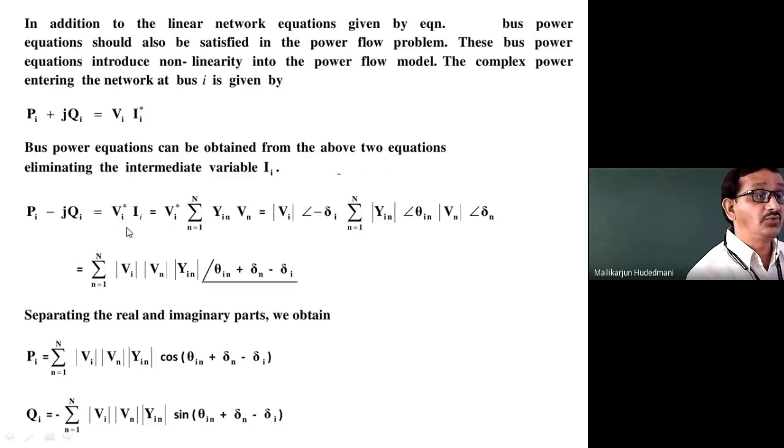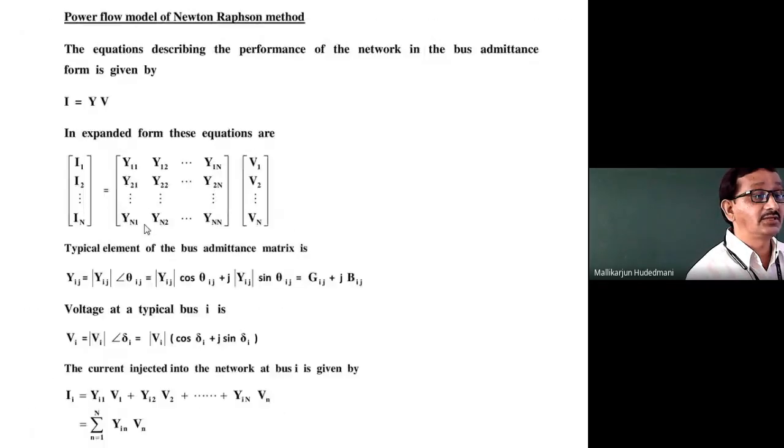Now what is VI conjugate? It is the complex voltage of bus I, with the conjugate as usual. What is the current at bus I? This is the one substituted from the previous slide. What was the previous slide representation? You can see over here: II equal to summation of n equal to 1 to last bus number YIN Vn, a compact single equation for the ith bus current, which is being used here.